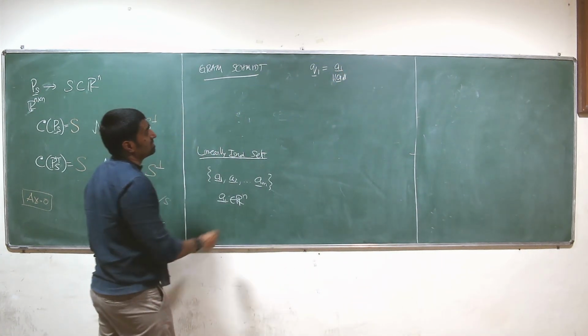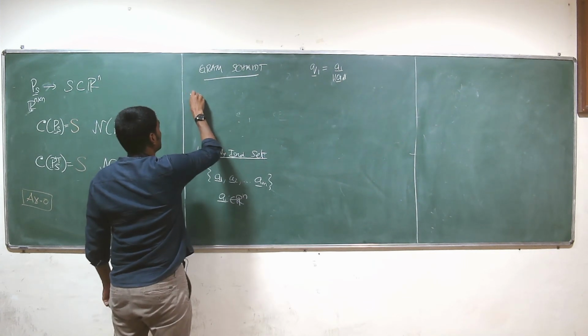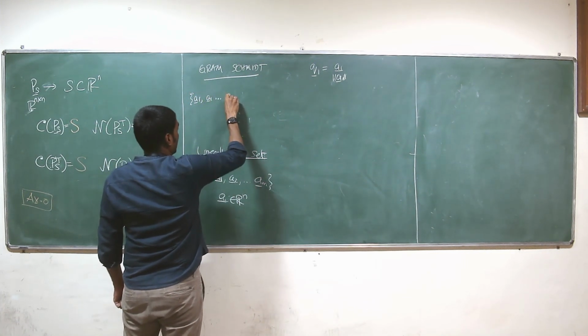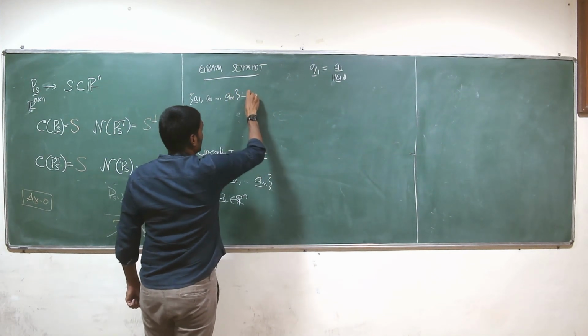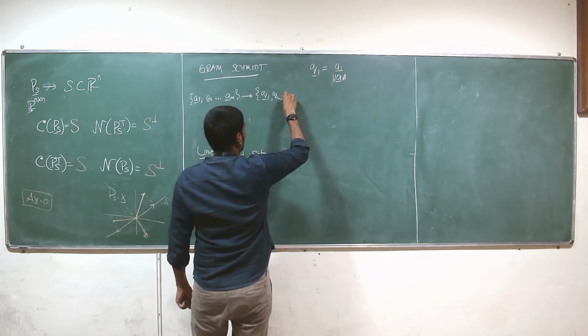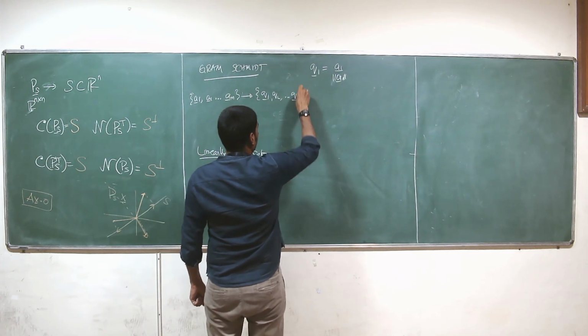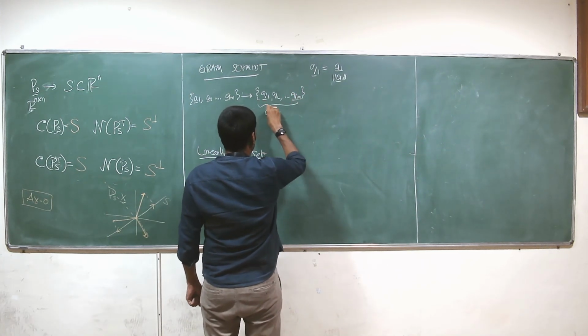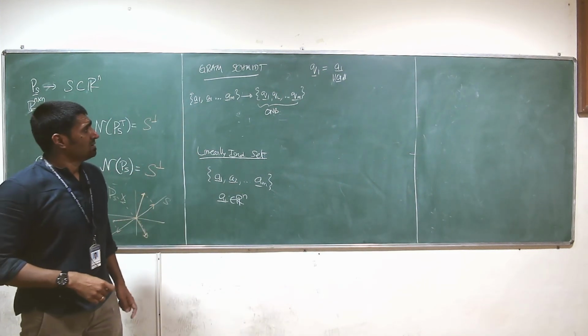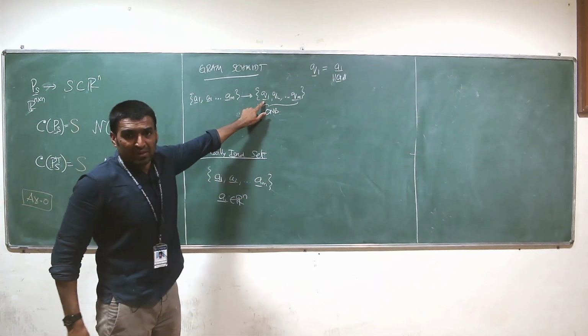What we're trying to do here is start with A1, A2, up to AM, and end up with Q1, Q2, up to Qm, where this is an orthonormal basis. Getting the first vector is easy.